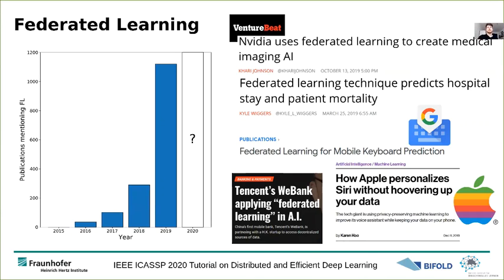the ML world. And if you're a practitioner, you can see that there are many examples in the industry where federated learning has been applied successfully. People are using it to predict hospital stay time and patient mortality. It's been used as part of medical imaging AI, and lately Google and Apple have also launched products based on federated learning.